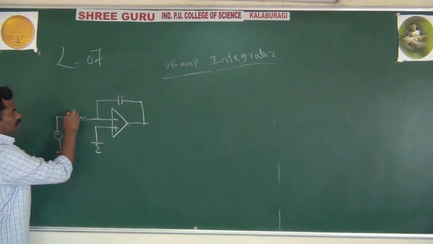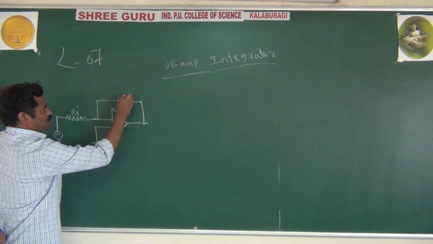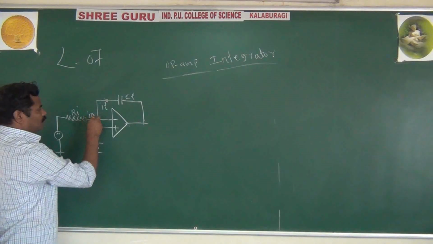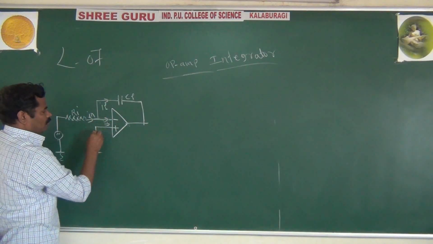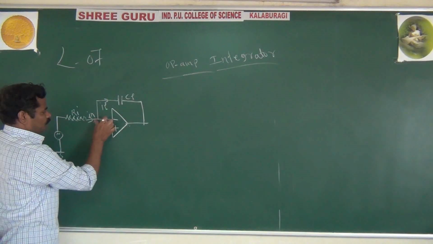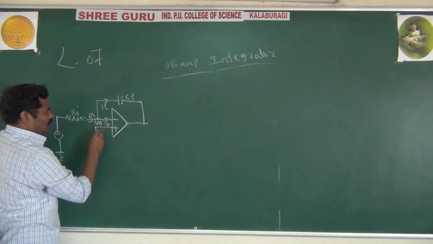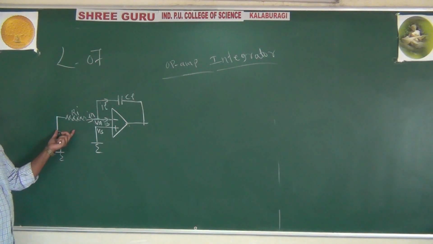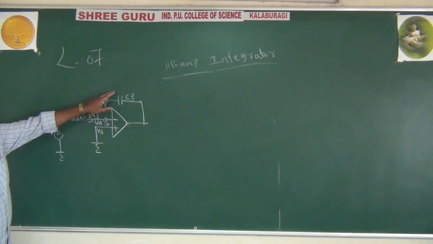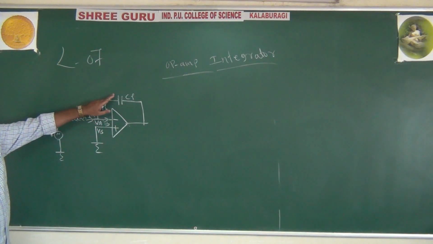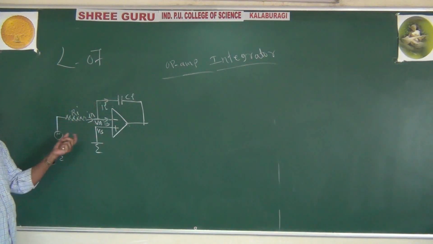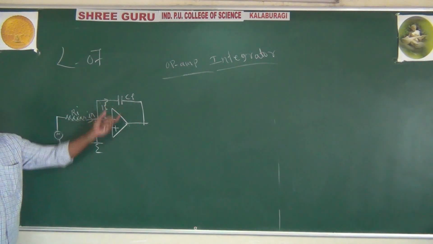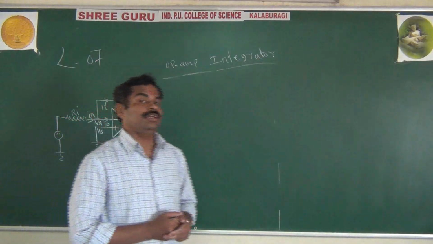This is Ri, and this is your CF, this is IF, and IN, and IB, and this is VA and VB. As visible, in your integrator you are connecting the capacitor at the output side. If you connect the capacitor at the input side, that is a differentiator. If you connect the capacitor at the output side, that becomes the integrator.